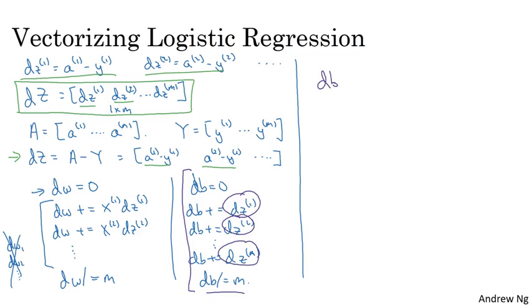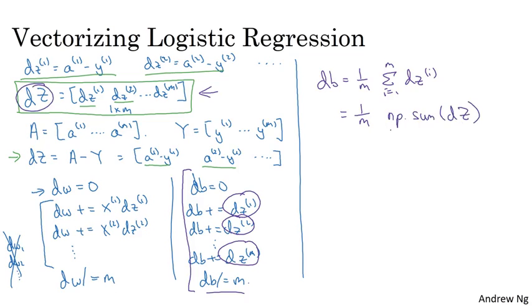So db is basically 1 over m, sum from i equals 1 through m of dzi, and all the dz's are in that row vector. So in Python, you implement 1 over m times np.sum of dz. Just take this variable and call the np.sum function on it, and that will give you db.